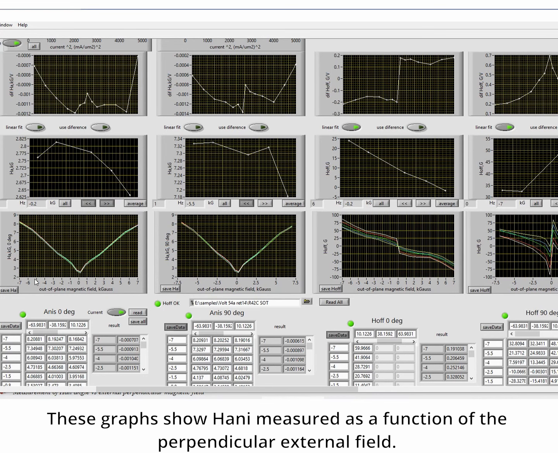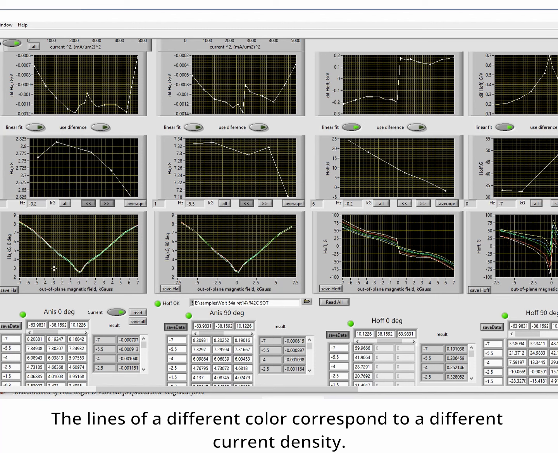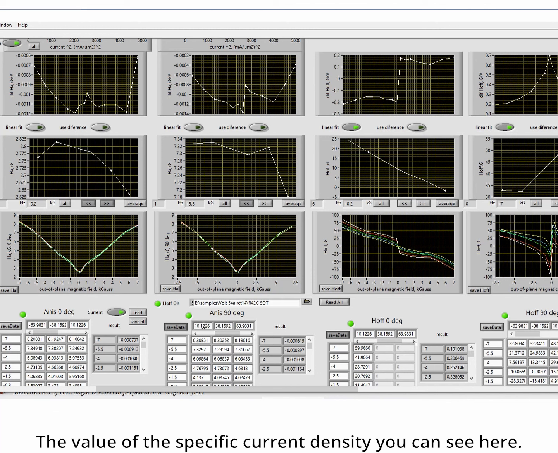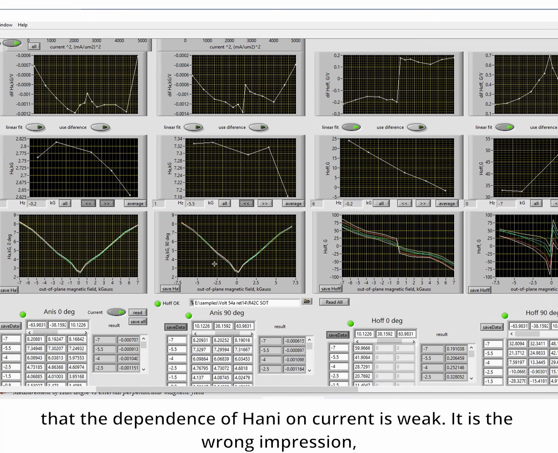This graph shows the anisotropic field measured as a function of the perpendicular external magnetic field. The lines of different color correspond to different current density. Values of specific current density you can see here. Just by looking at the graphs, you may have an impression that the dependence of anisotropic field on the current is weak.